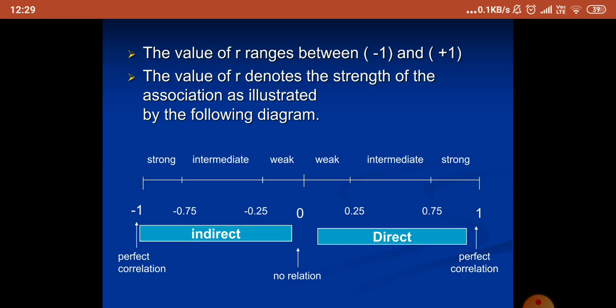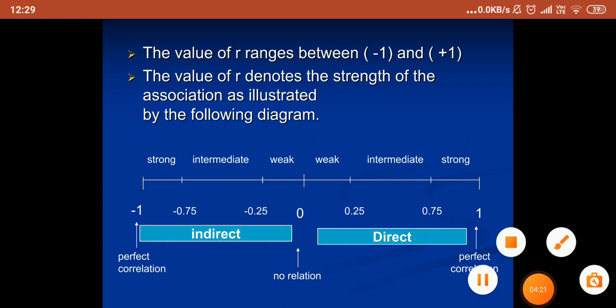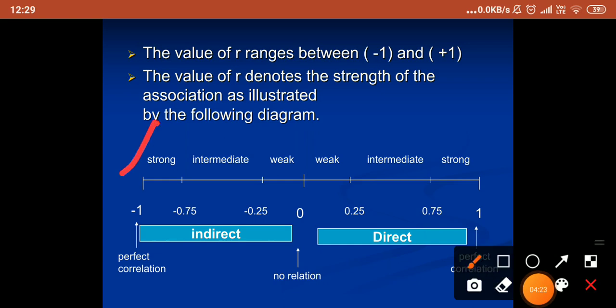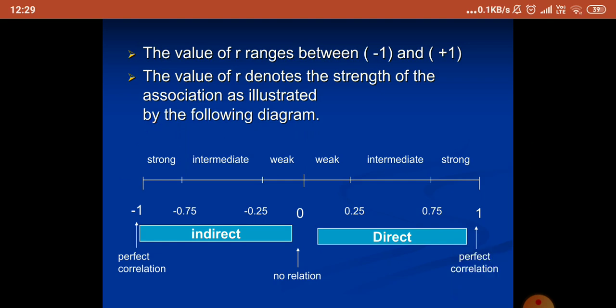So at -1 and at 1, both are strong and perfect correlation. And when it is going towards 0, the strength of the correlation will weaken, right? So these are the values.